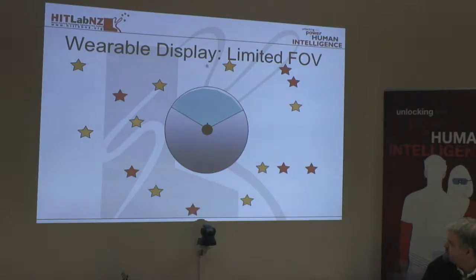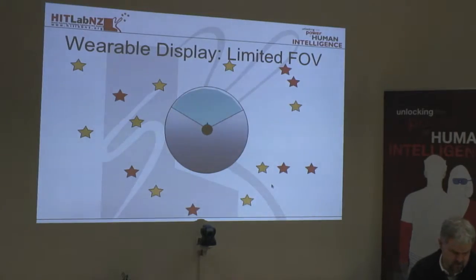And these are the points of interest around them from the top down in the real world. Inside their view there are maybe 1, 2, 3, 4 points of interest, but outside their view there are all these ones here. So the question is, how do you show them what is available outside their point of view?